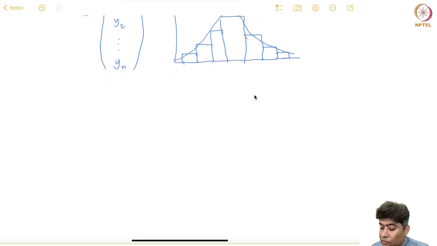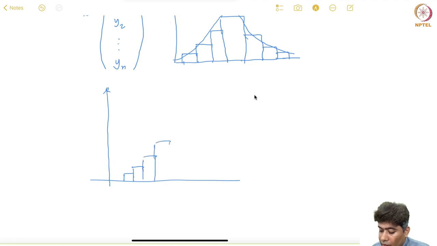Generally we first draw the relative frequency. In each bin we have the frequencies. So we have the data, say y1 to y2, how many y values are in this bin; that is frequency f1.